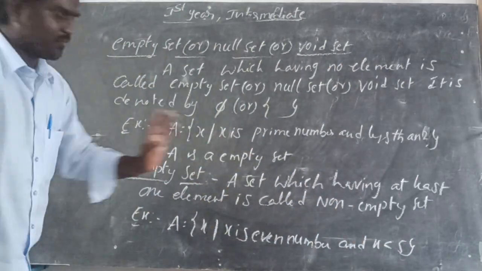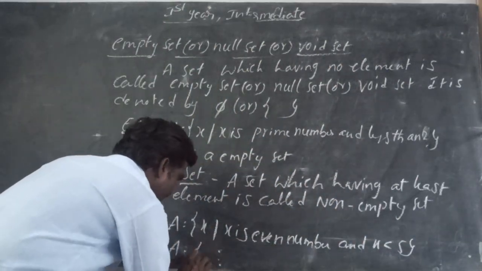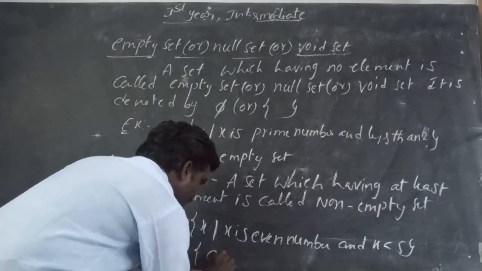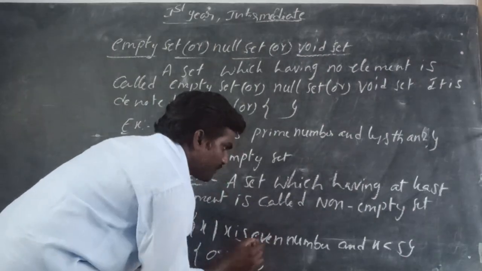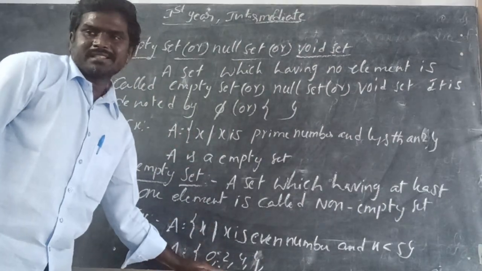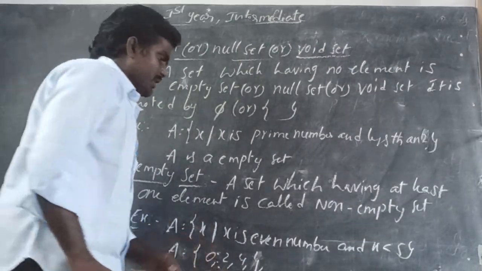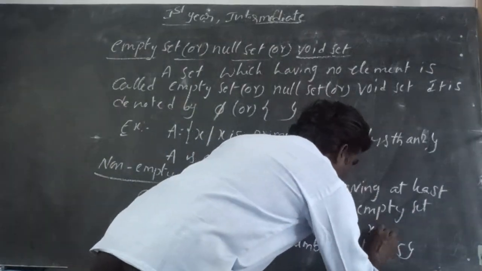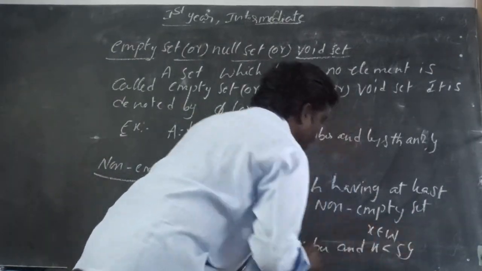The symbol is called what? Such that. So what are the elements here? 0, 2, 4. So it is a non-empty set. Here x is less than 5, x belongs to W.